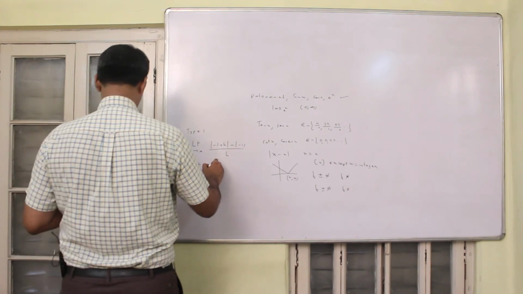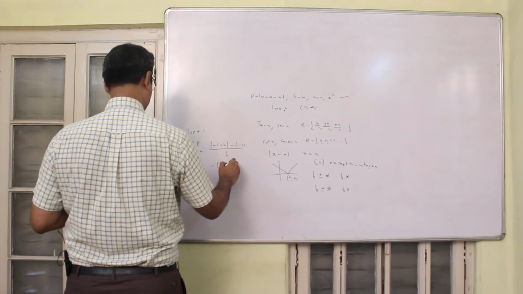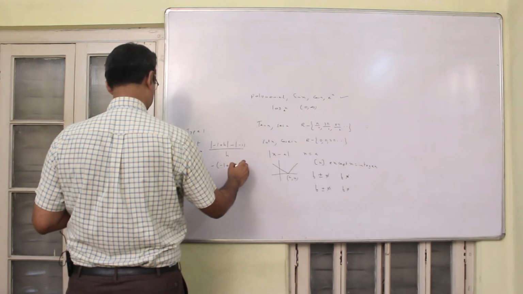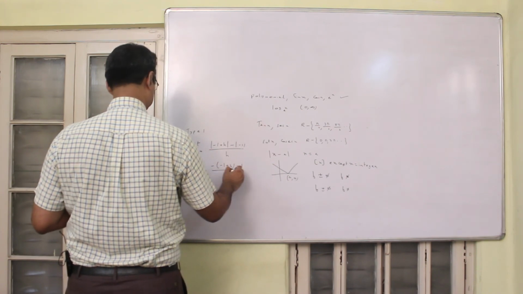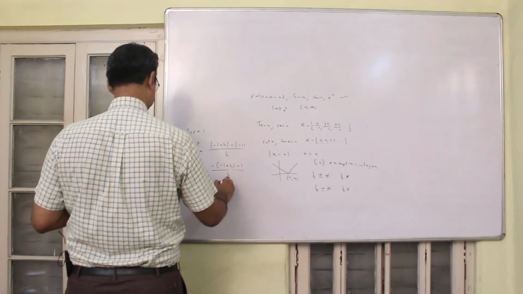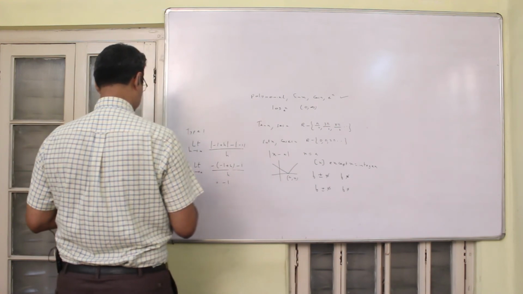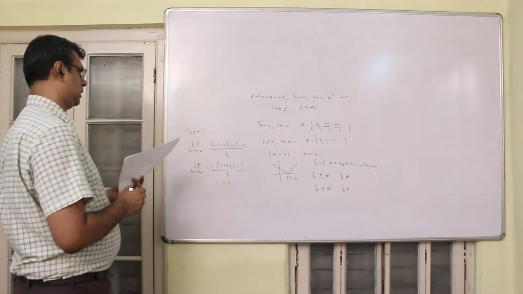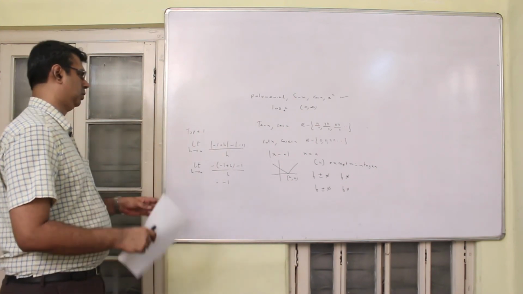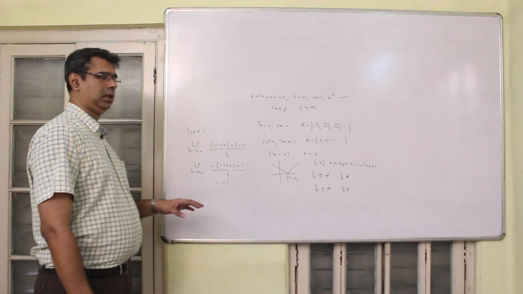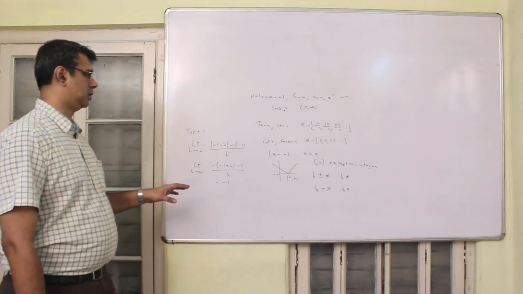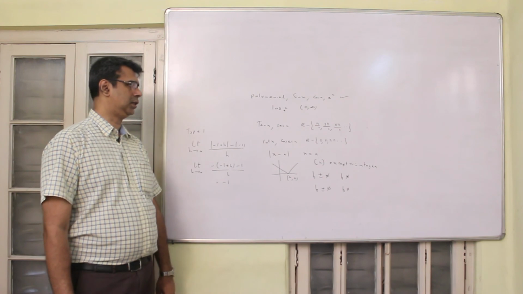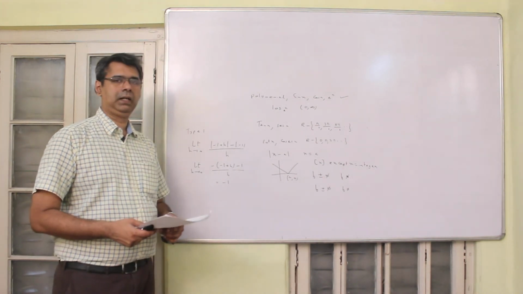So you can just remove the modulus. So the answer will be -1. So this is the way to do the questions of type 1. So that brings us to an end of this particular session of continuity and differentiability.